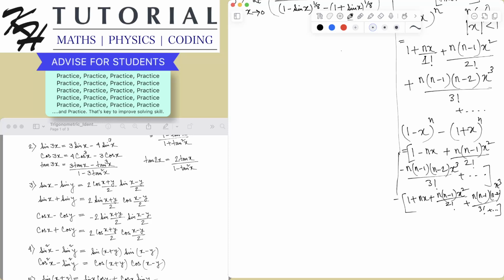So this will be minus of twice nx, and then all the odd powers of x will remain: minus n into n minus 1 into n minus 2 x cube by 3 factorial, and so on.